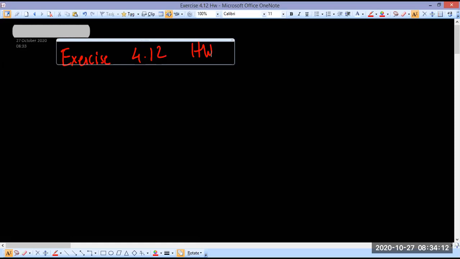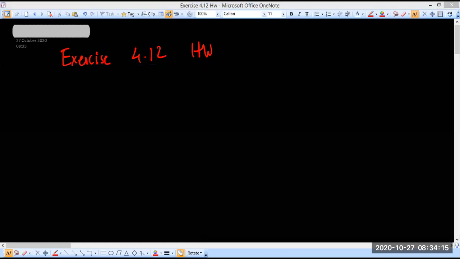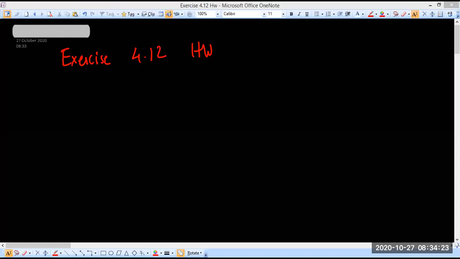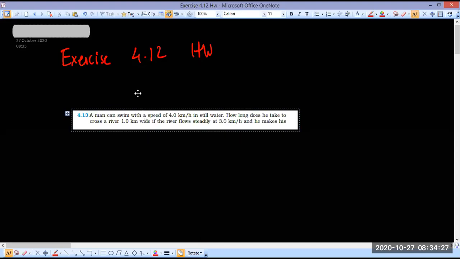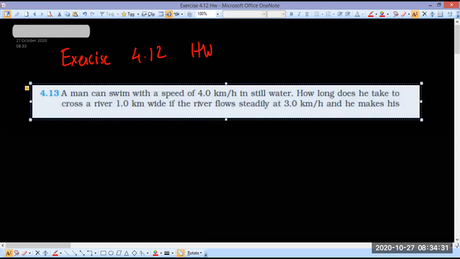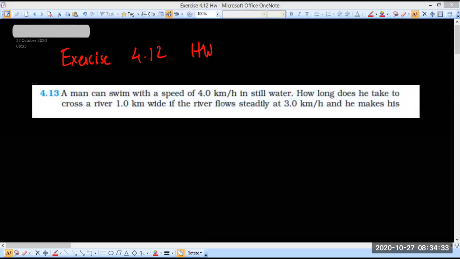Now let's solve 13. Okay, now we are going to solve question 13. Here is the question, half of it at least, and then the remaining.